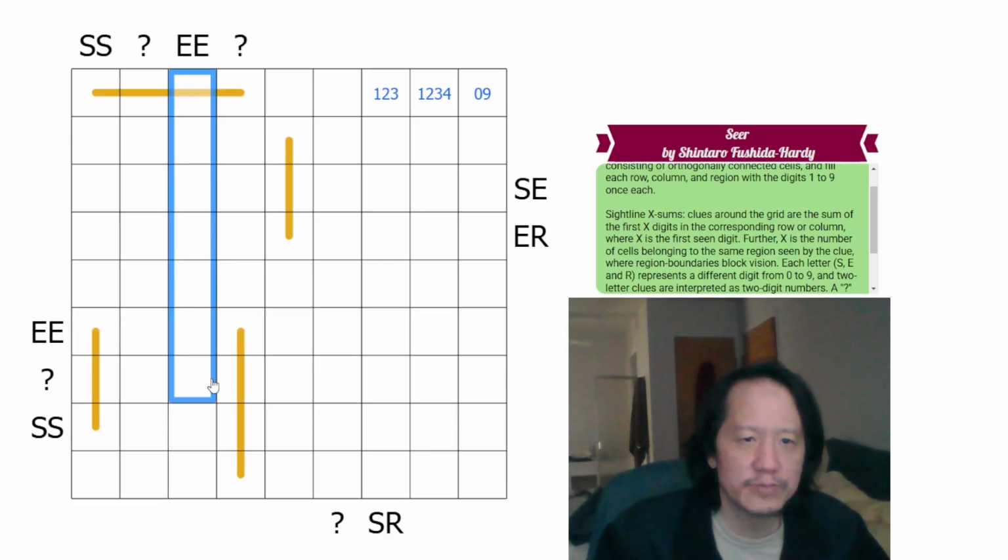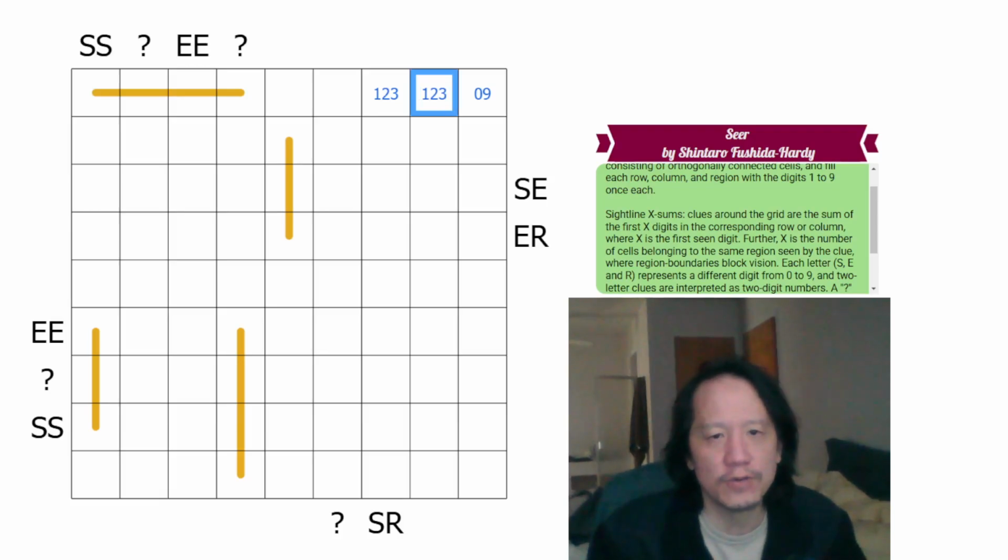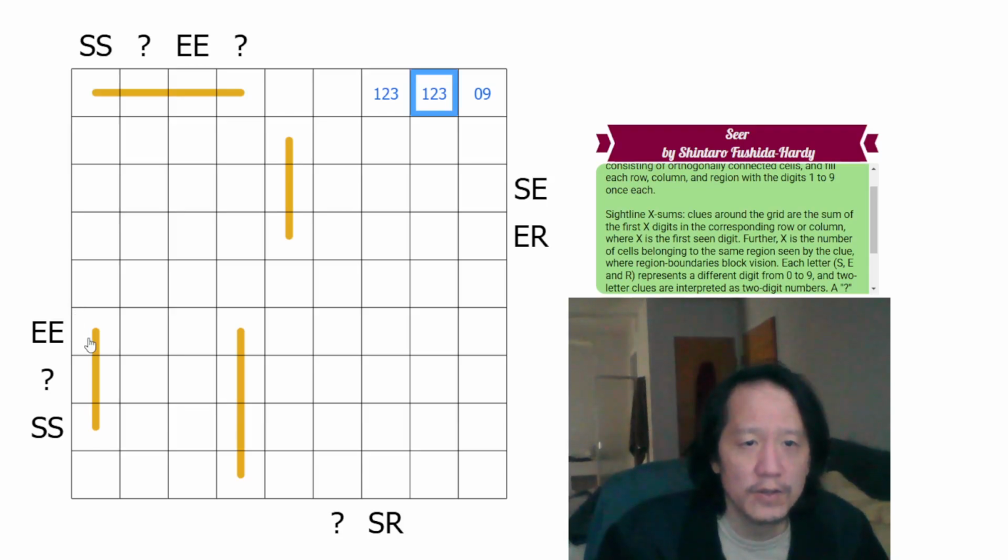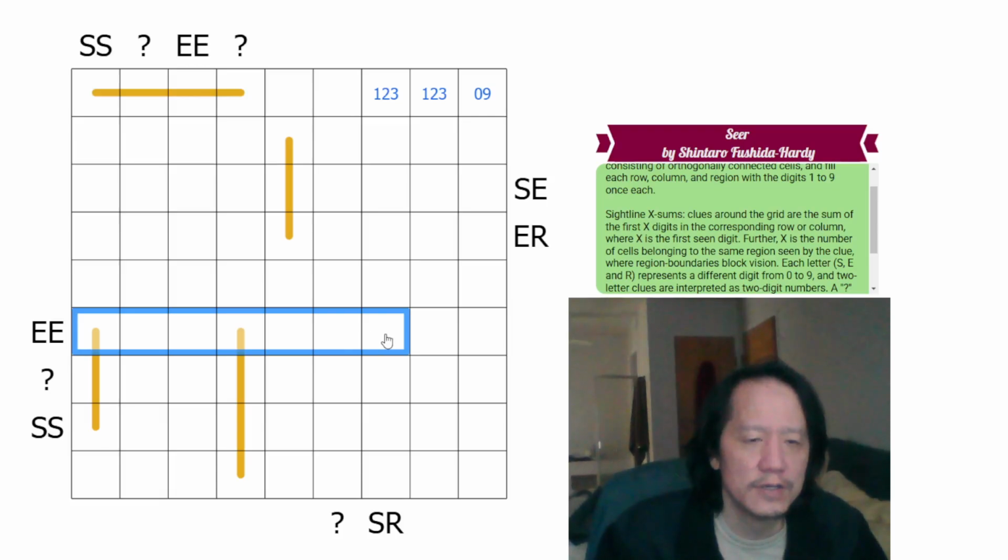So that's not possible. So E cannot be 4 either. Can E be 3 is the question, right? If E is 3, so that would be 33, it would have to be at least 5. And it could be 5, right?